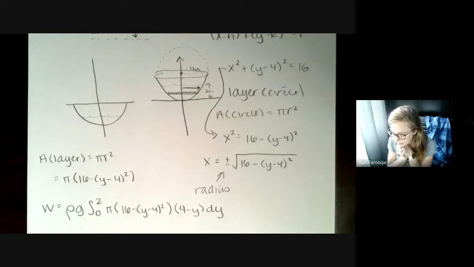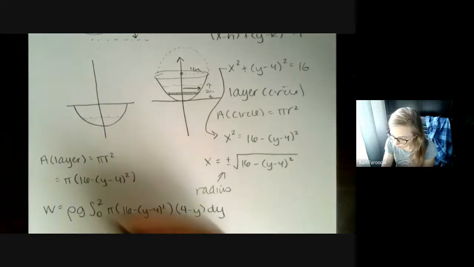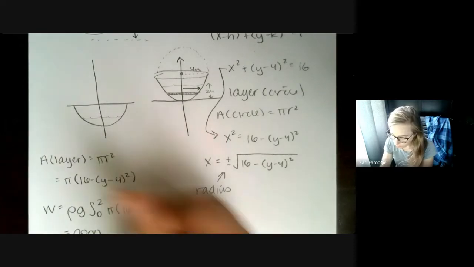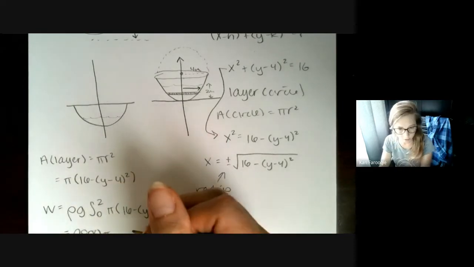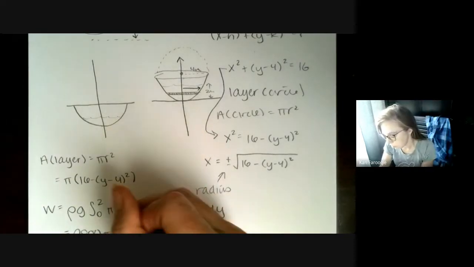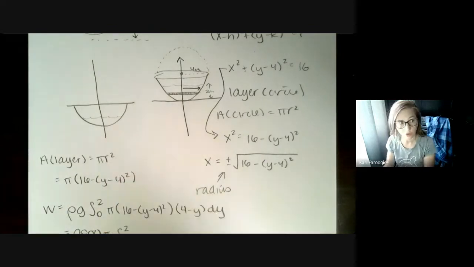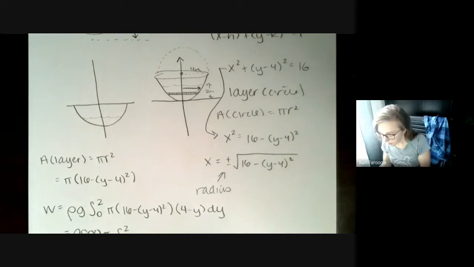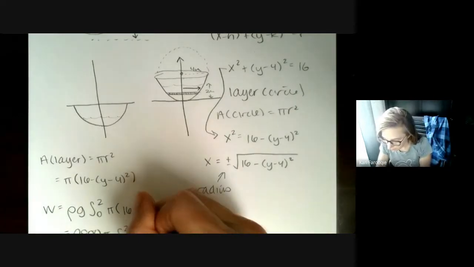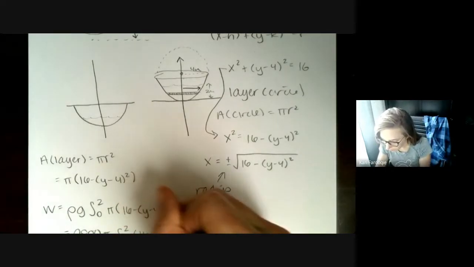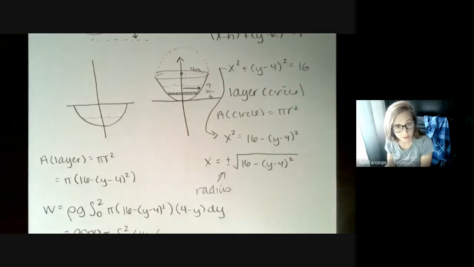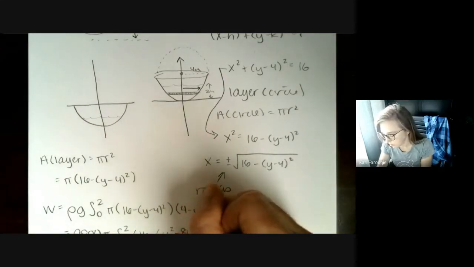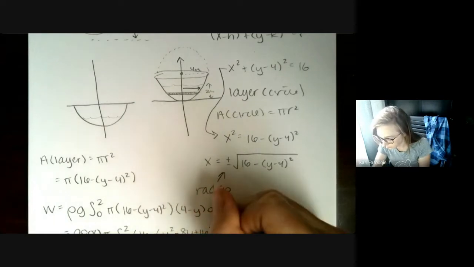Terrific. All right, so when I go ahead and multiply rho g, I'm getting 9,800. I also have this multiple pi that I'm going to pull out of the integral. I'm going from 0 to 2. And then I'm going to go ahead and multiply this out. So now I have 16 minus, and then the quantity y minus 4 being squared is y squared minus 8y plus 16.